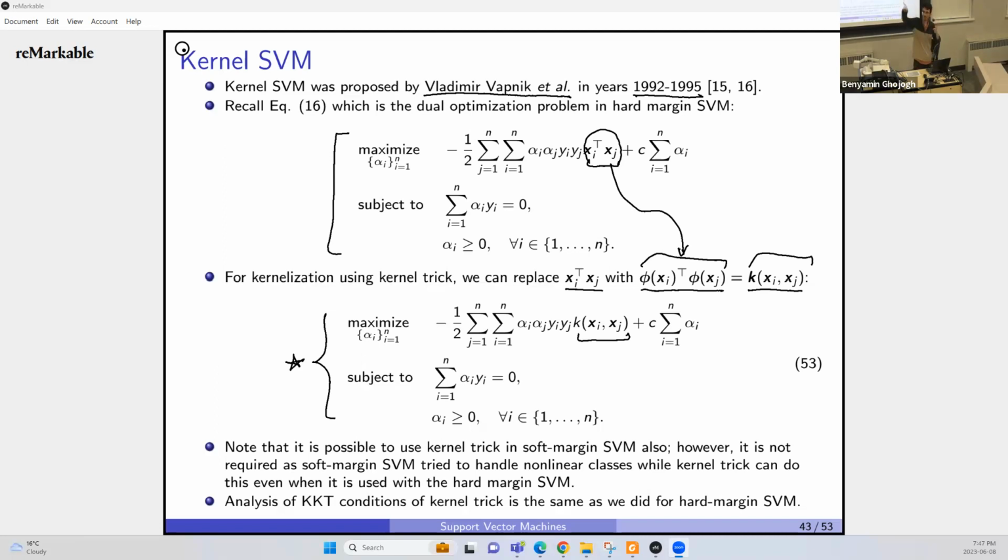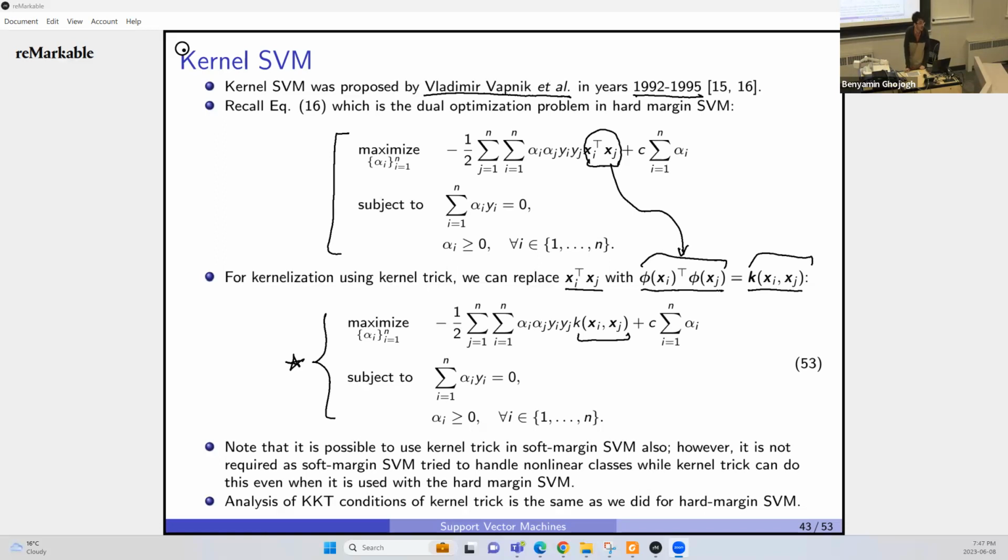X transpose X becomes phi X transpose phi X, an n by n matrix. Then you have the kernels of all of the pairs. So for k of xi and xj, you just take the ijth element of this kernel matrix. Now it is easily solvable by any optimization toolbox. So easy. This is kernel SVM.